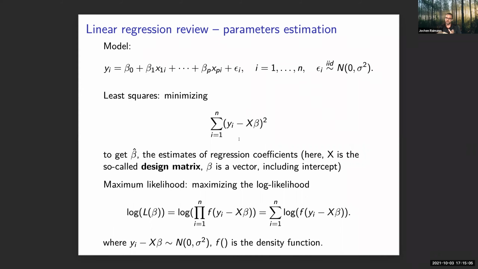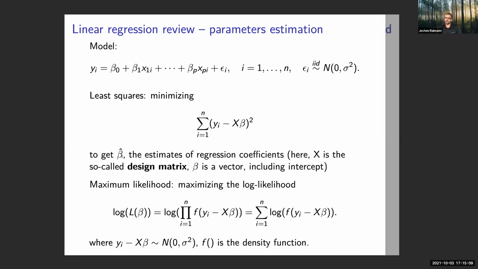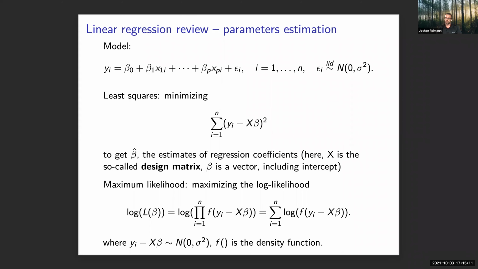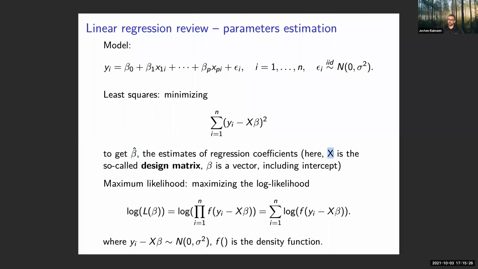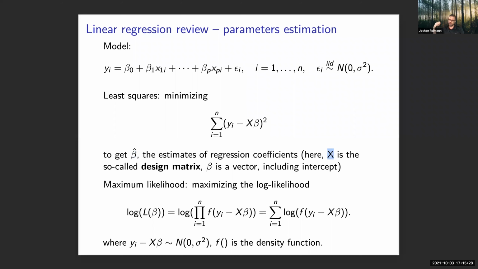We want to minimize this to the maximum, and we do that to get a better beta hat, which is the estimate of the regression coefficient, where this beta can then be used for the prediction of the individual case based on that developed coefficient.